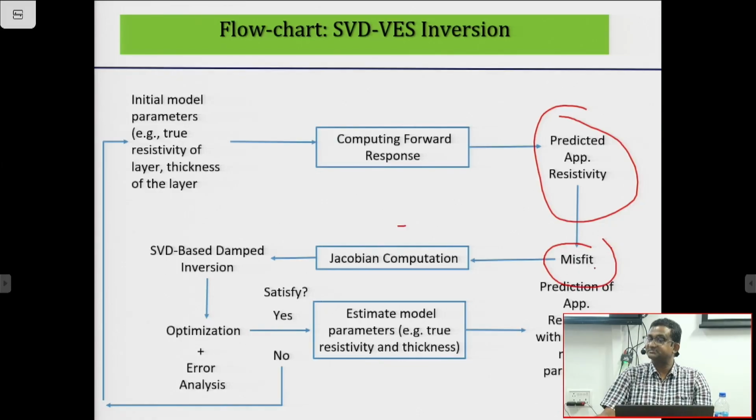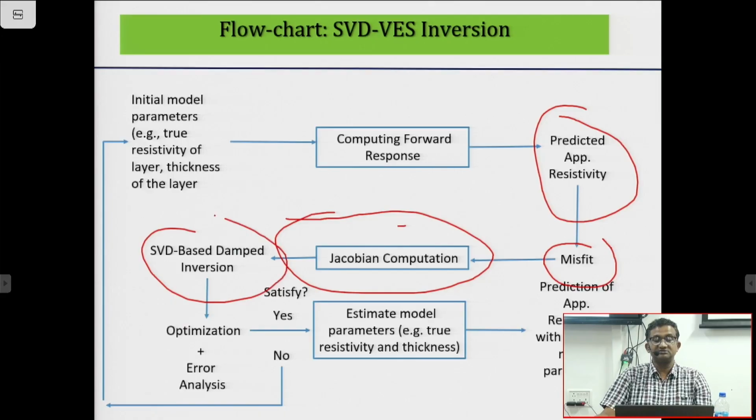Then the misfit is computed here. Then with gradient descent, the Jacobians can be computed. Then the last part is the singular value decomposition based damped inversion expression, which will tell you whether your estimated model parameters are able to recover the true ones or not.